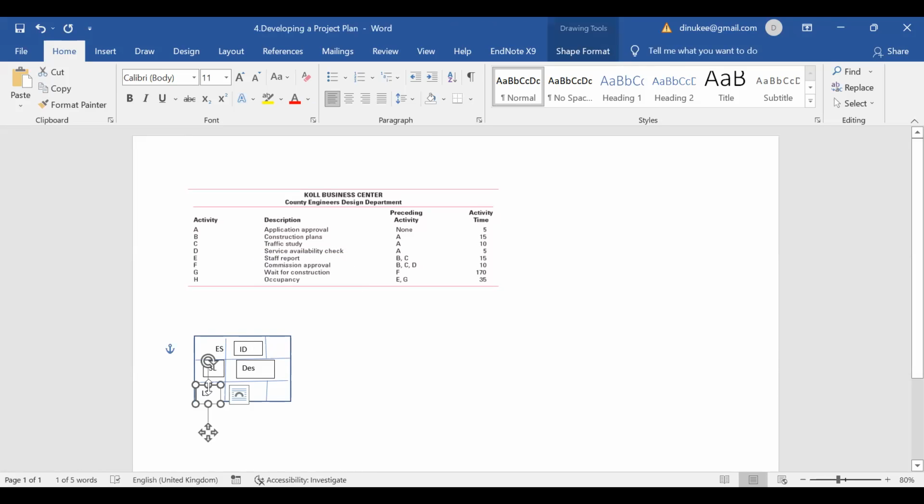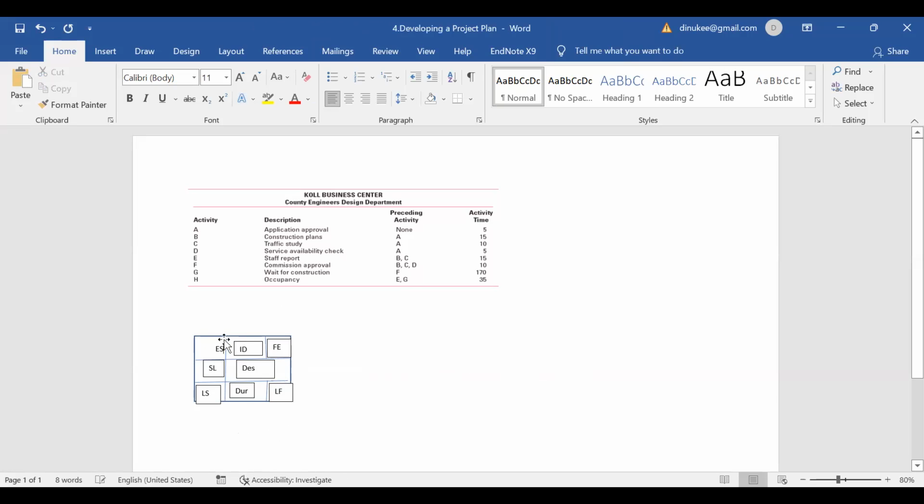So actually I'm showing you the legend that you have to use when drawing this network. In this one you have to put your duration, the duration that they have given for you. And here is the late finish time. And in this column you have to put the early finish time.